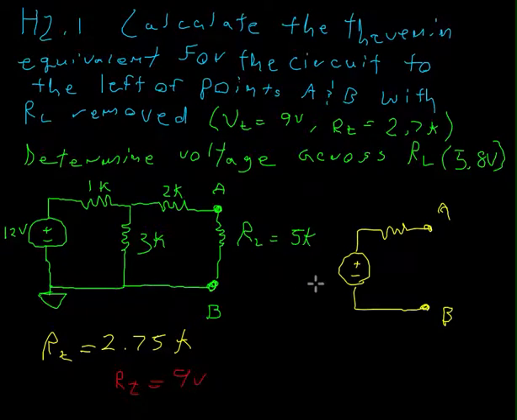Now we can restate this expression over here, the single power source and the single resistor, the 9 volts and the 2.75. But now, we insert our load, which is 5K.